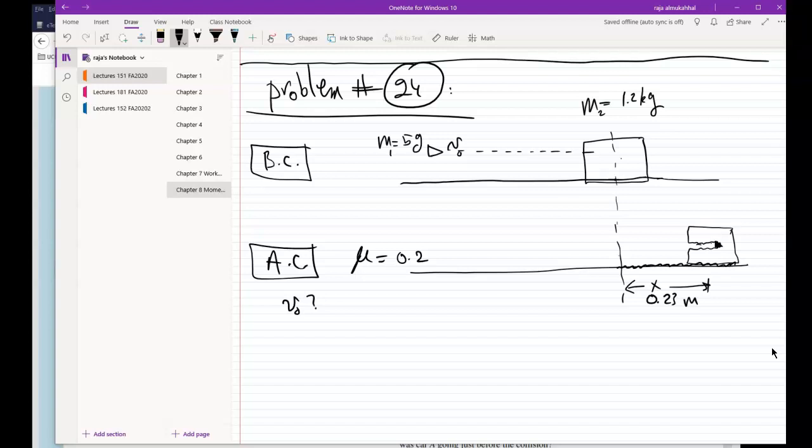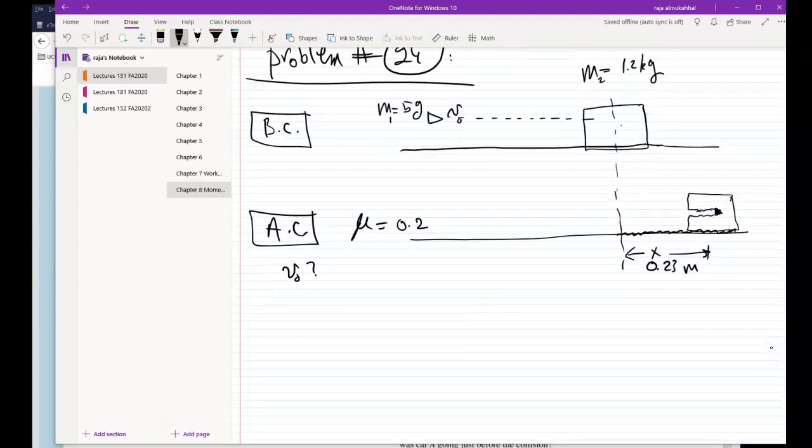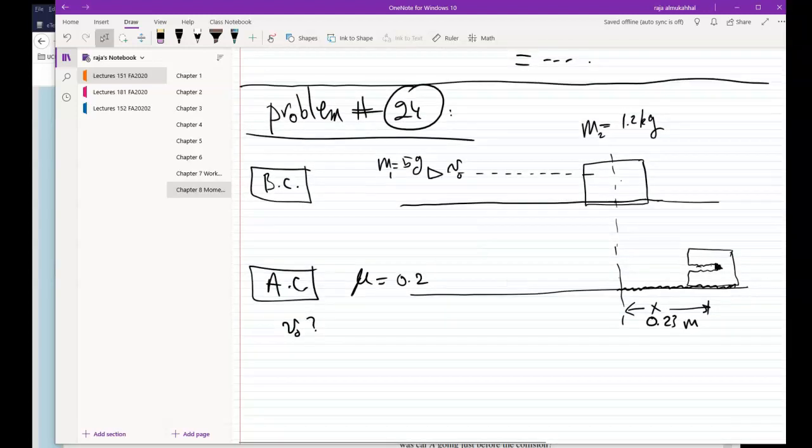Now, I want to use conservation of momentum. This is an example of an inelastic collision, correct? Because they stick together after the collision. But here is the trick. Again, this has to do with the ballistic pendulum and that example that I pointed out for you.